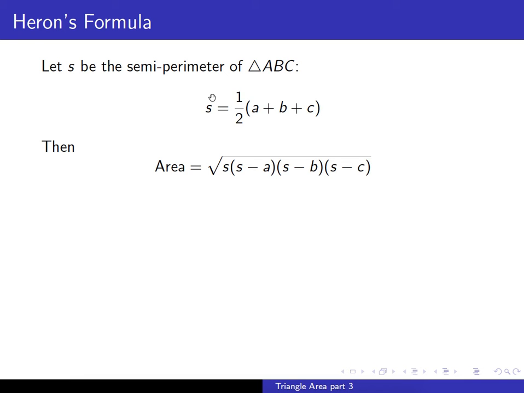Then the area of your triangle is the square root of your semi-perimeter times your semi-perimeter minus your first side, times your semi-perimeter minus your second side, times your semi-perimeter minus your third side. Or in terms of A, B, and C, the square root of S times S minus A times S minus B times S minus C. So that's what we're going to be working with in this video.